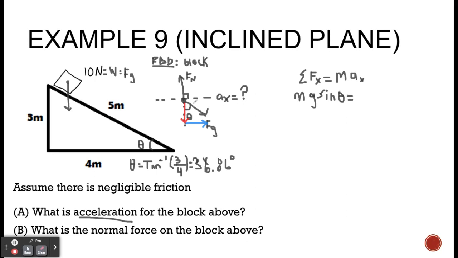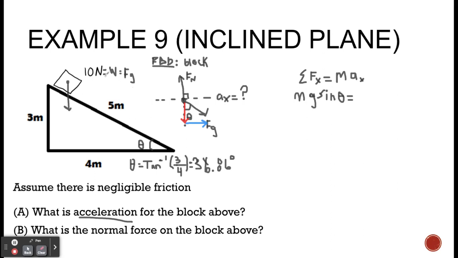Because theta is measured with the y-axis, the x component of a vector is always cosine unless we're on an incline. Sine slides over and takes cosine's place. So when theta is measured with the y-axis, to find the x component of a vector, we use the sine of theta.